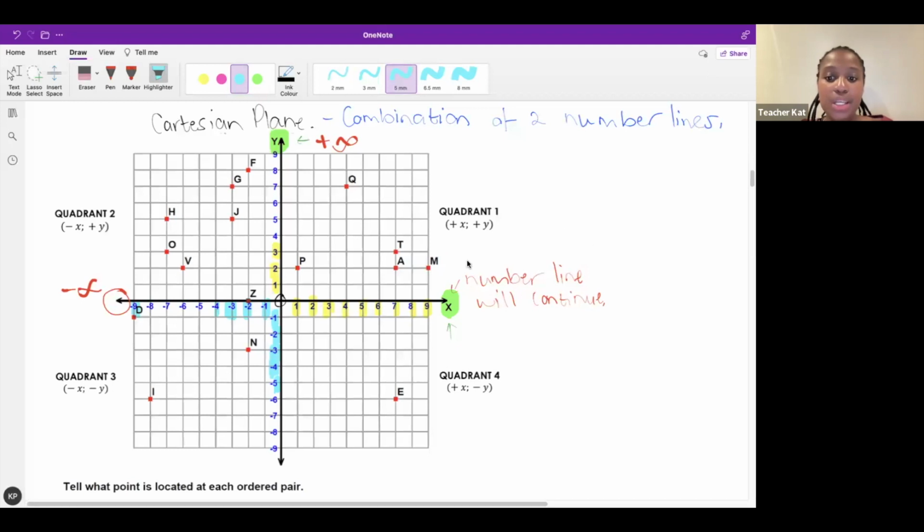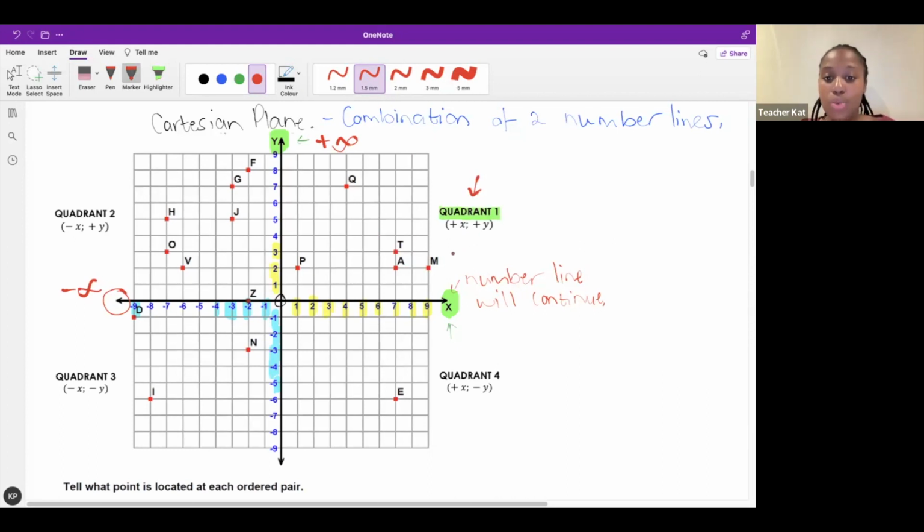Now, these two number lines divide my page into 4 parts. Do you see that? If I start on my right-hand side over here, we call these 4 parts quadrants. Quadrant 1, we always start counting from the quadrant on the top right.